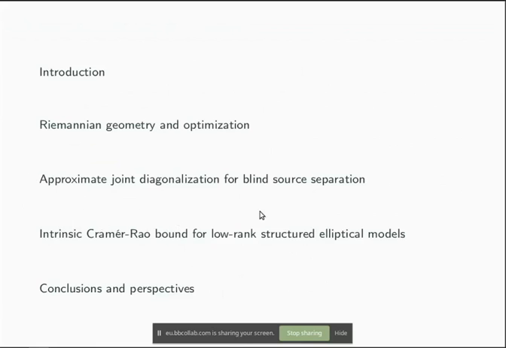So the first for approximate diagonalization for blind source separation, which is an example for the use of geometry in modeling cost function. And the other one, intrinsic Cramér-Rao bound for low-rank structured elliptical models, where we have some performance analysis use of geometry. And finally, I will finish with some conclusions and perspectives.